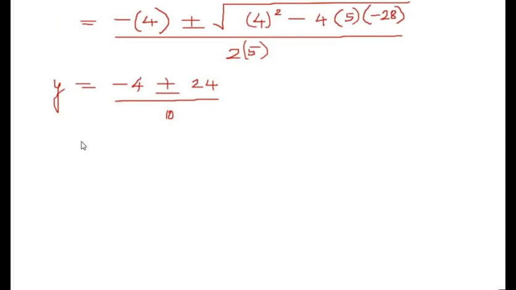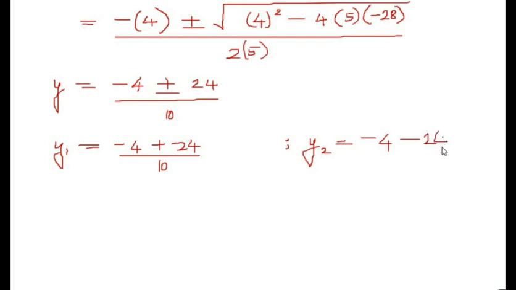Now again y will have two values, which we can write as y1 equals negative 4 plus 24 over 10, and y2 equals negative 4 minus 24 over 10.